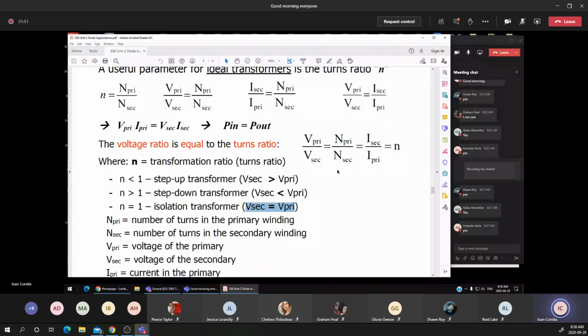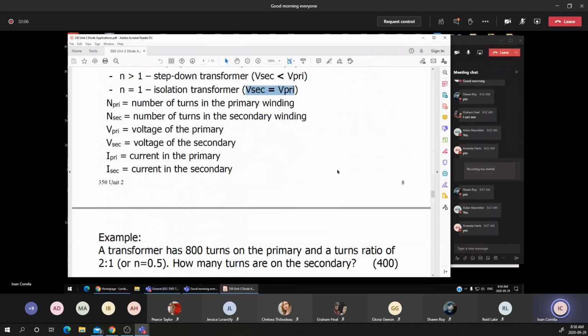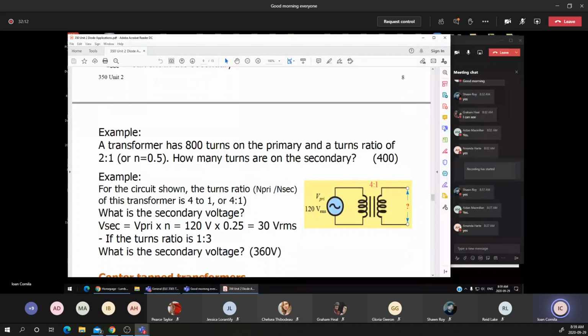And now we'll go through some examples that show the transformer with different turn ratios. In the first example, I have a transformer that has 800 turns on the primary winding and a turn ratio of 2:1.